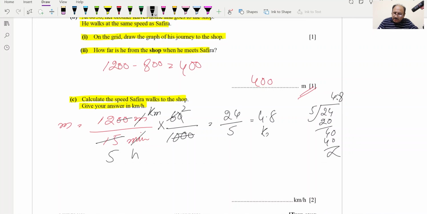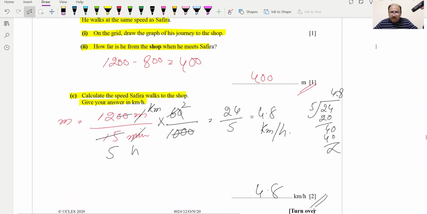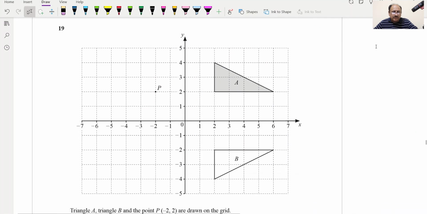This will be kilometers per hour, so we can write 4.8 kilometers per hour. This will be our final answer for this question.